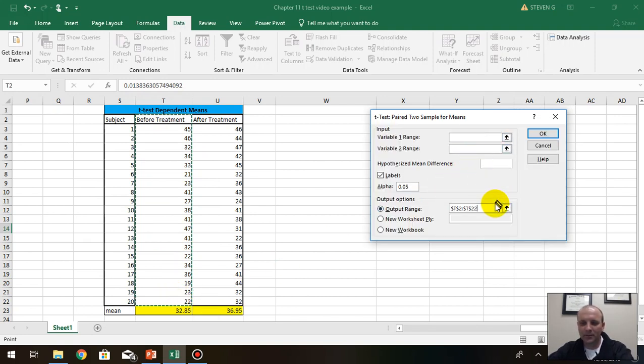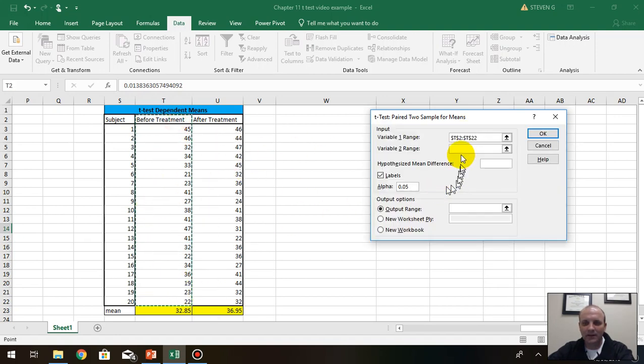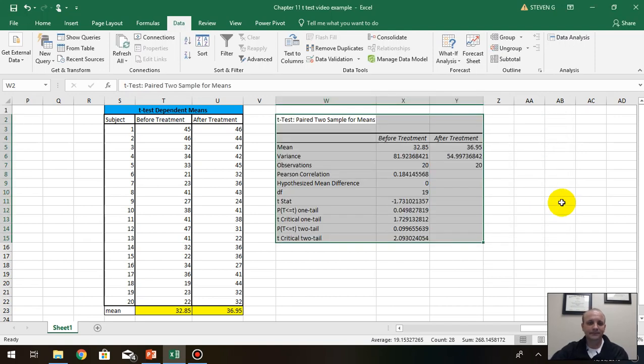Oh, no, I messed it up. I'll put it in now. Just put it in the variable one range, before treatment. That's there. That looks good. And the after treatment, we can do the same here. We included labels, and we're going to put our output just right here. Okay. And then we'll click OK and look at it run.